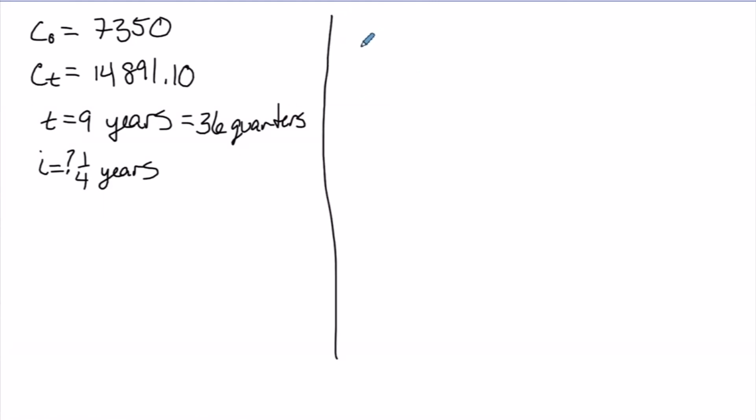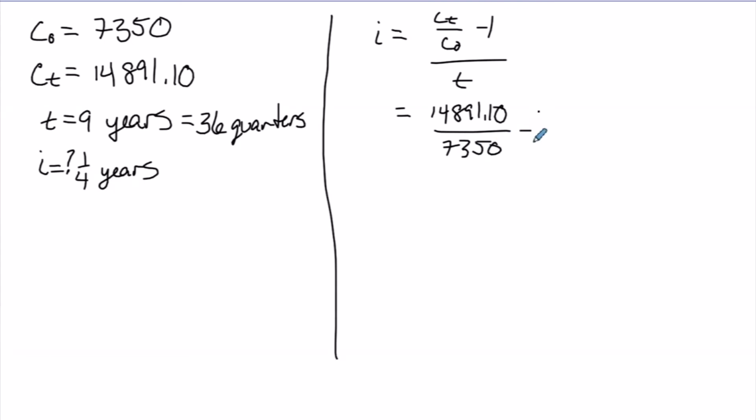So again, we'll go back to the equation that we're given. I is equal to CT divided by C0 minus 1, all divided by T. 14891.10 divided by 7350 minus 1, divided by T, which we said was 36.